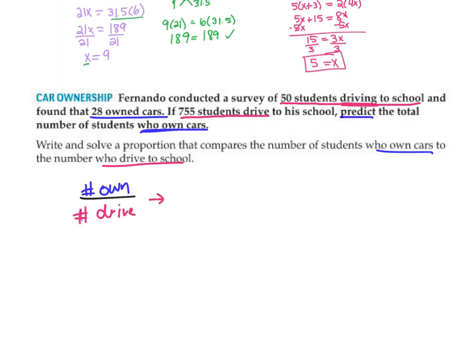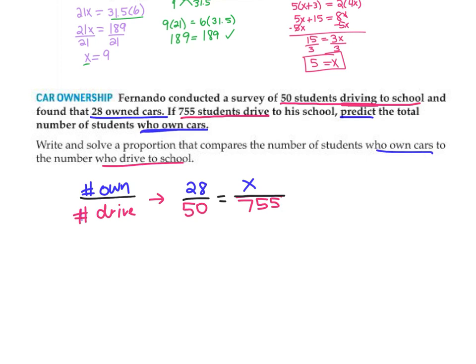When Fernando conducted his research, he discovered that 28 out of 50 students who drove to school owned cars. And then we're trying to predict if 755 students drive to school, how many will own cars. So we have our proportion set up.